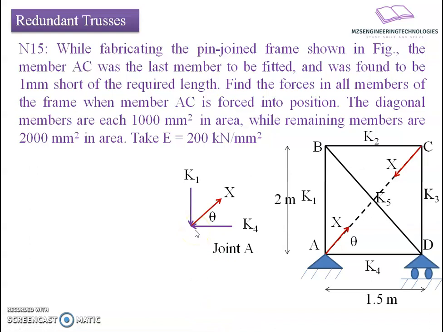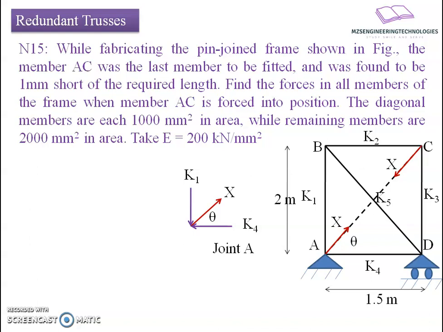We will go with a K analysis, and for that we will move with the joint by joint analysis method. So first I will consider joint A. Since there is no external load, there is no question about reactive forces being developed here. We will see the effect of X only.